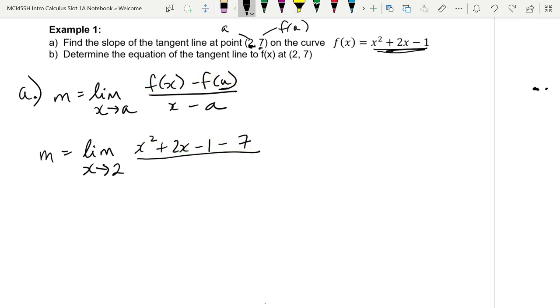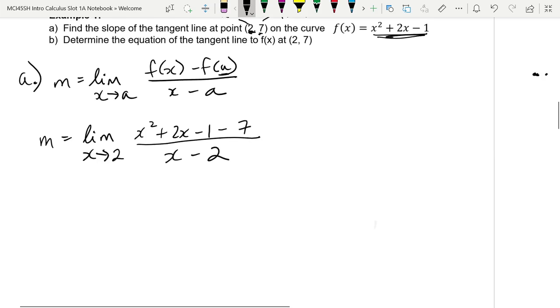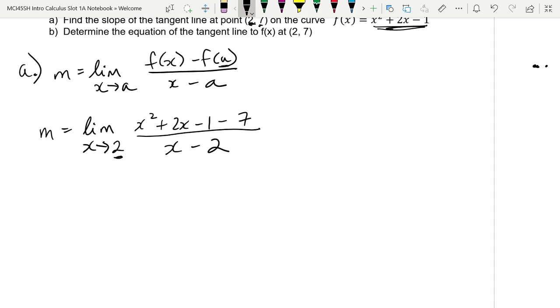And x minus A is, of course, x minus 2. And here's where we have to do limits the way we've been doing them in class. If I just plug in a value of 2 for x, the problem is I'm going to be dividing by 0. And in math, you can't divide by 0. So the limit as x approaches 2, first let's simplify that by collecting like terms.